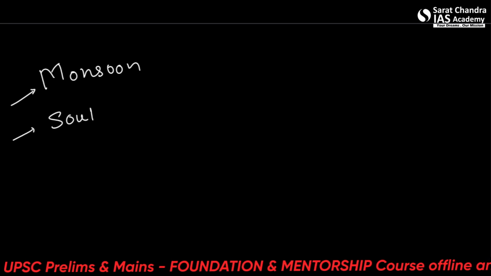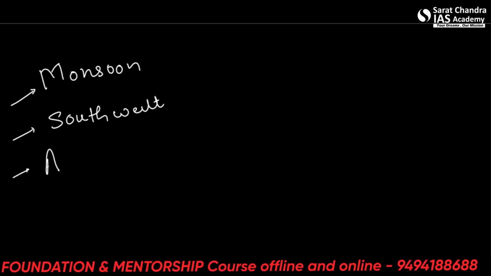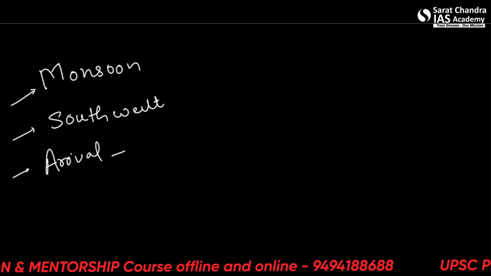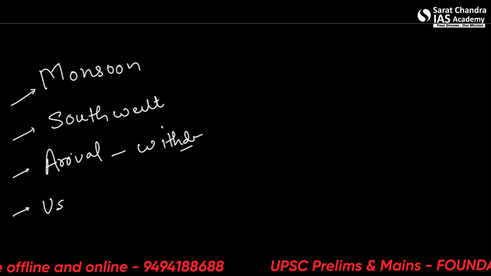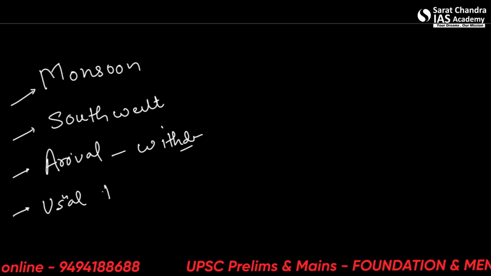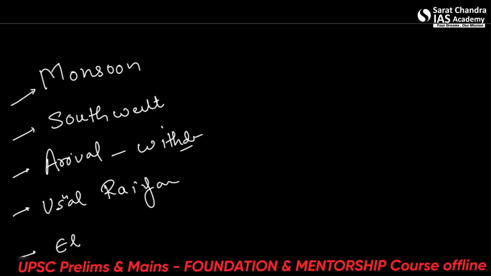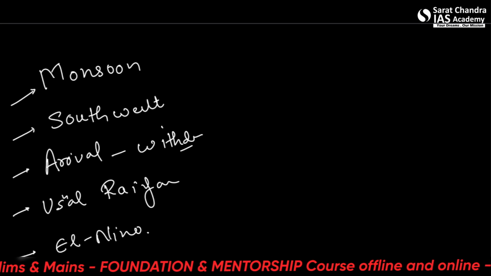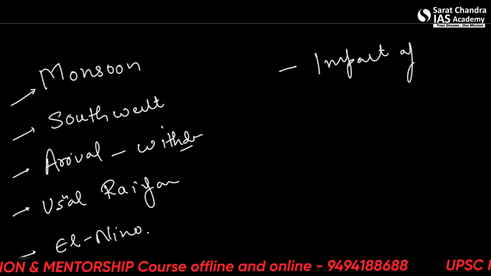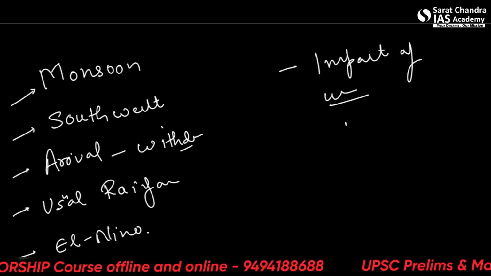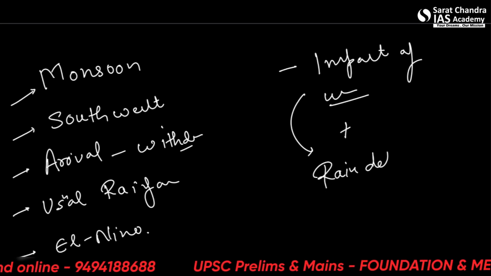Then the southwest monsoon, the arrival and withdrawal of monsoon, the usual rainfall in India, as well as El Nino, and the impact of withdrawal of monsoon, as well as the impact of rain deficit in India.